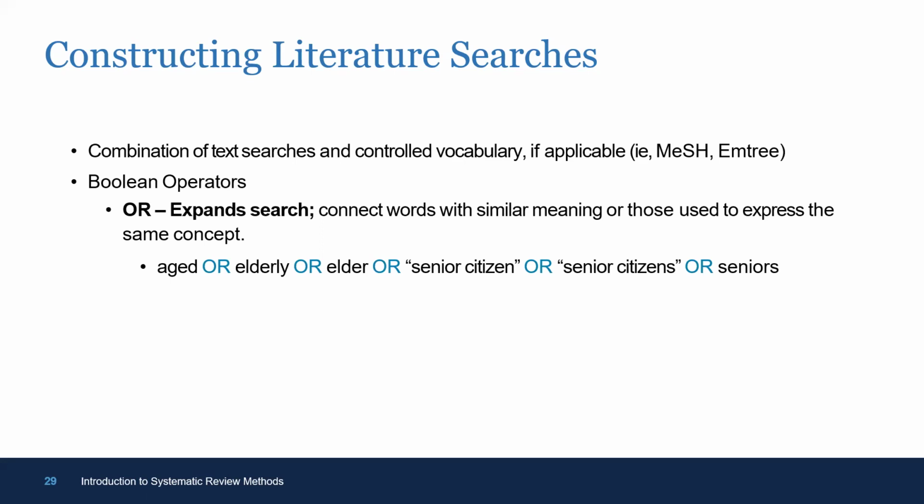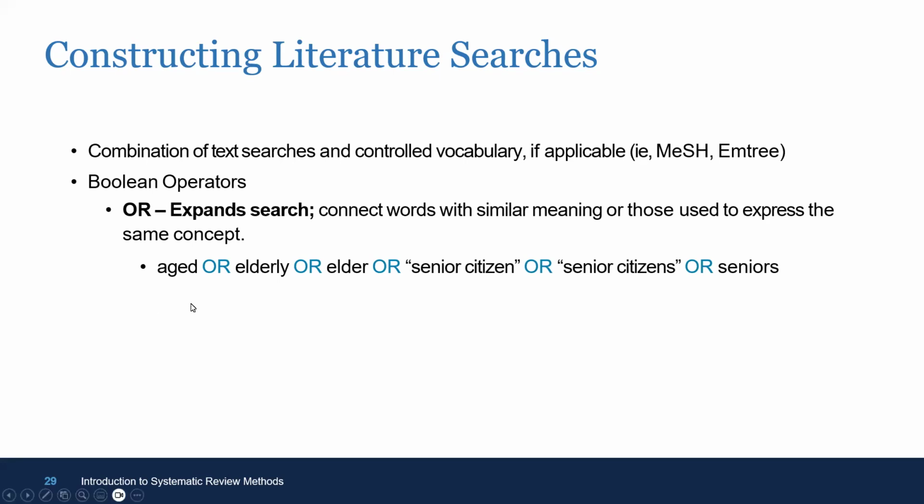We use OR. So if you want to expand your search, we tend to use a joining word of OR. For example, if you remember when we started this session, I gave an example of a research question that we wanted to look at. And this was looking at the people, which is the PICO method, and we wanted to bring that together.